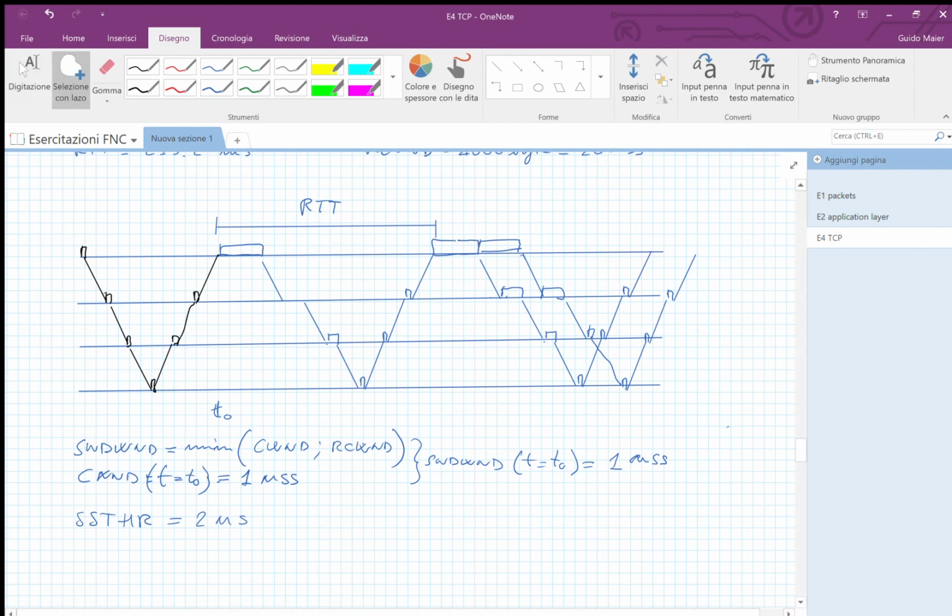Now, after a round trip time, we receive an ACK, okay? But if you apply slow start, this means that you will increase the window to 3. In this case, we have overcome the slow start threshold. So from this moment on, we are actually in the congestion avoidance phase.